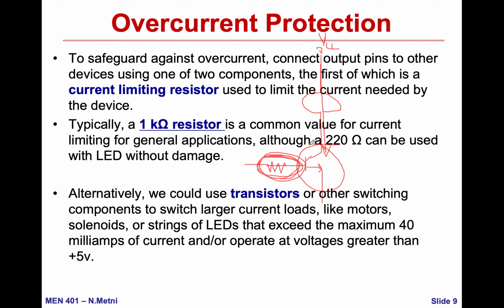And this can be replaced, we'll see later on, by maybe a relay, if I have AC or large voltages. So these are the two methods of overcurrent protection: current limiting resistor and usage of transistors or any switching components.